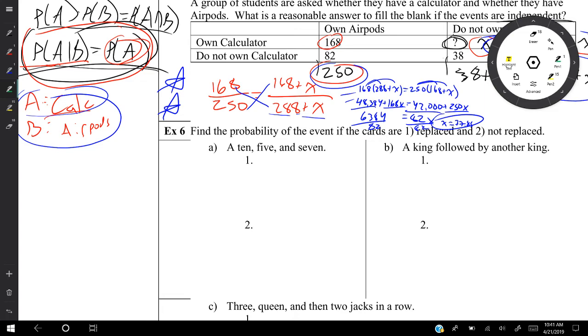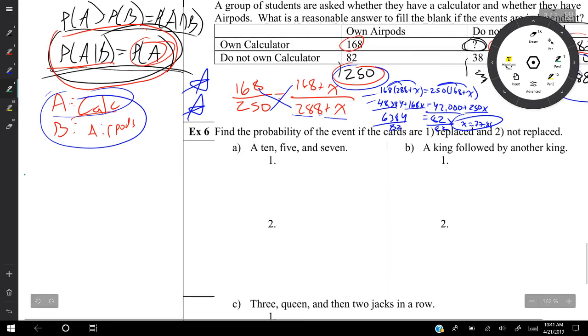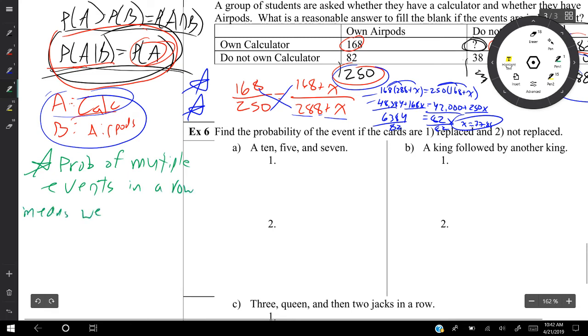Here we go. Find the probability of the event if the cards are 1 replaced and 2 not replaced. We need to add a little something here. The probability of multiple events in a row means we must multiply.